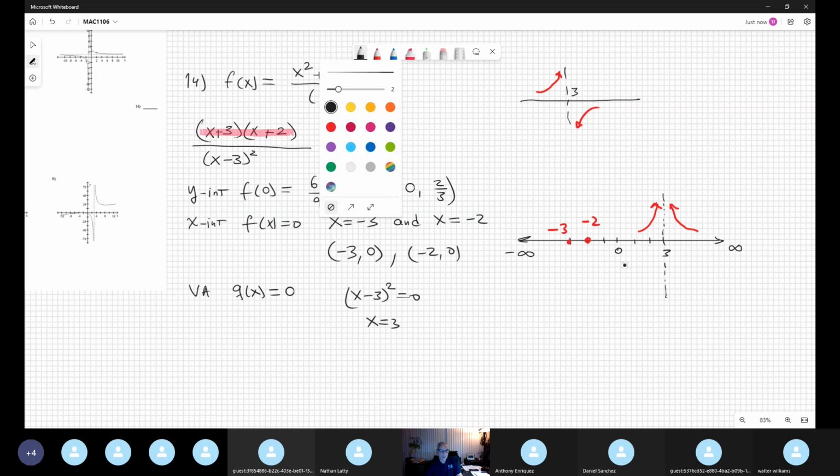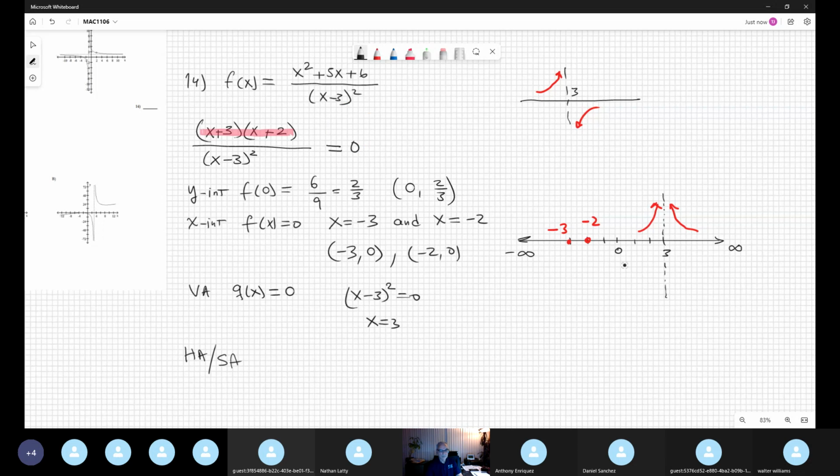Okay. And what about horizontal or slant? What do you think? We have horizontal or we have slant? I repeat, I suppose I repeat today 4 times. Guys, try to recall. Suppose N is the numerator, D is the denominator, and letter d is degree.